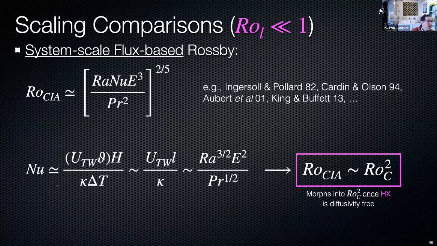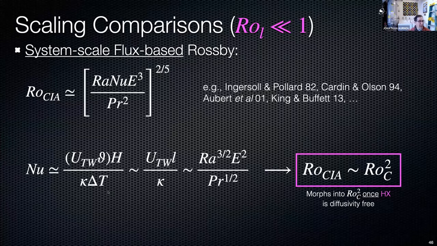So we take a Nusselt number and scale it with our same scaling arguments. Then in the rapidly rotating limit, we'll get U thermal wind times theta. That's the turbulent heat flux, divided by, for Nusselt number, what's conducted. So kappa delta T, and then that divided by H, so the H comes to the top.